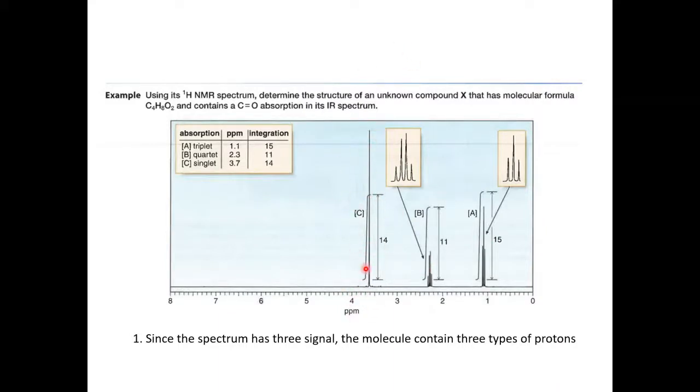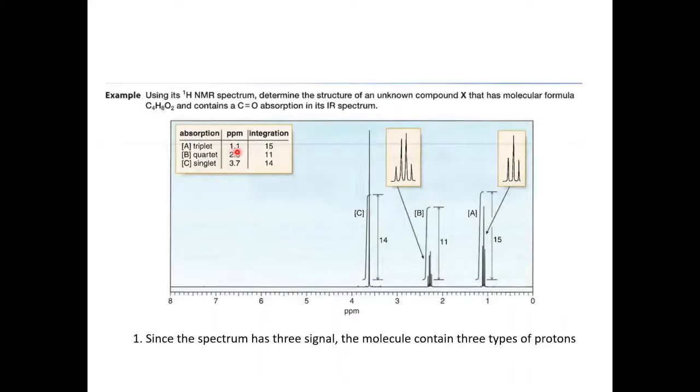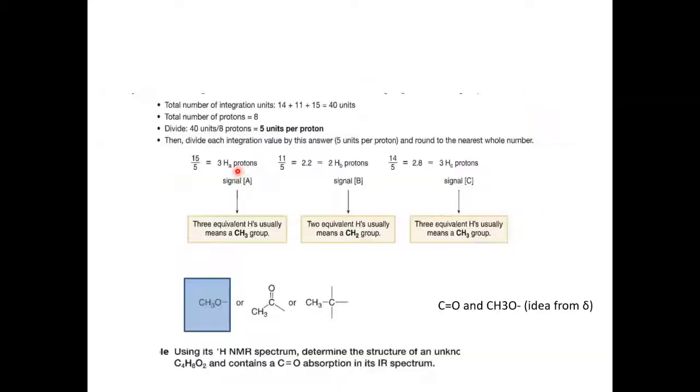Singlet, 3 protons. So in our mind, which functional groups have a CH3 that gives a singlet? I draw the possibilities of 3 protons which can give a singlet. But the thing is that the shift value of this singlet is 3.7. If you consider other singlets, then you can expect 2.3 something or 1 point something, or near about 1.